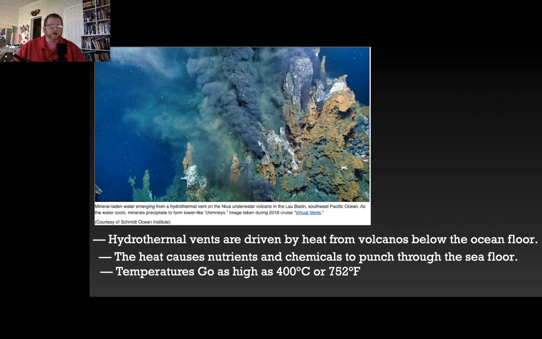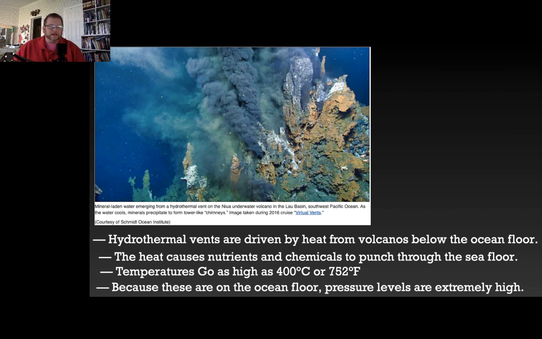If you think that water normally boils at 212 degrees here on the surface of the planet, you have to also remember that this part of the planet, because it's on the ocean floor, the water pressure is extremely high, which then raises the boiling point of the water extremely high, because water pressure can change the boiling point. So you've got 752 degree water shooting out of these chimneys.